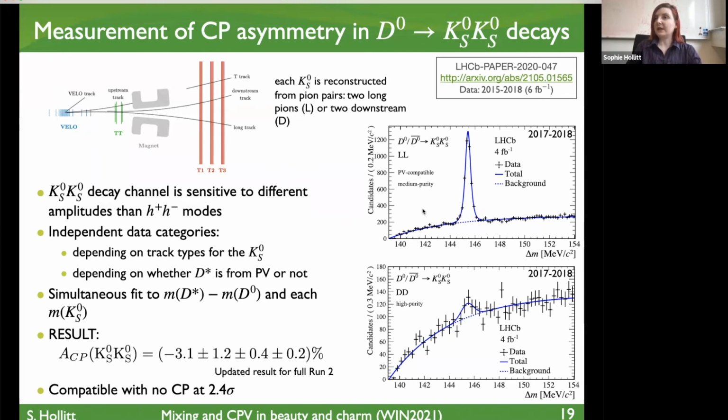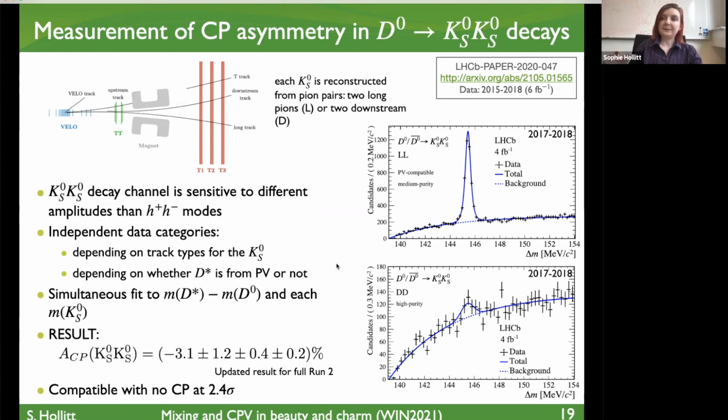So if we take a look, the fit here is performed in different data categories for each of these different K short reconstructions. Here we have one for the LL, from 2 long tracks. This gives us a nice shape, and we have this one from the downstream tracks. It's a bit broader.